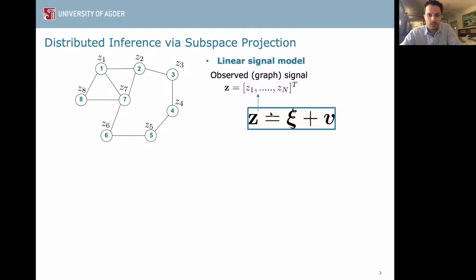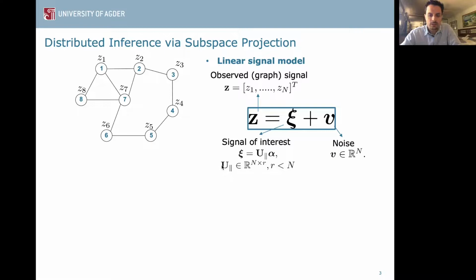Under the extensively used linear signal model, the graph signal can be decomposed as a signal term plus noise. The signal term lies in a certain signal subspace, so it can be expressed as the product of a given tall matrix U and a vector alpha.